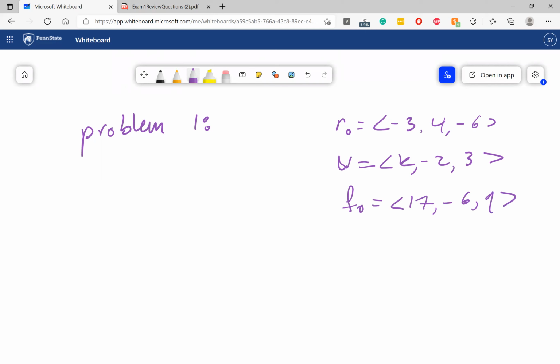So we set up the equation of the line, which is (-3, 4, -6) plus t times ⟨k, -2, 3⟩ is equal to the point that we're trying to get to, (17, -6, 9).